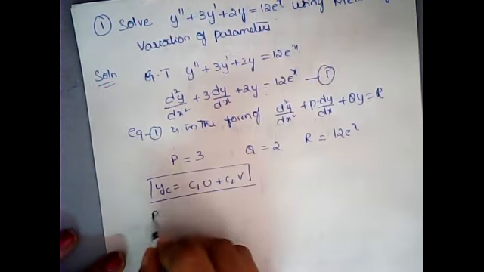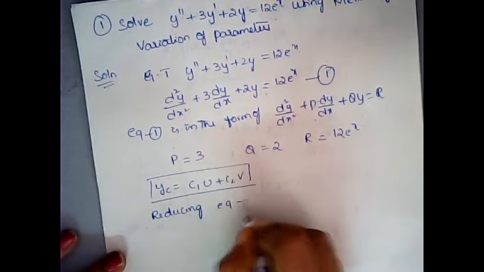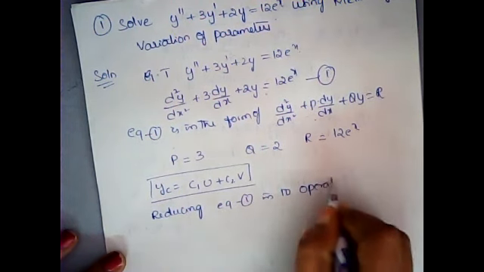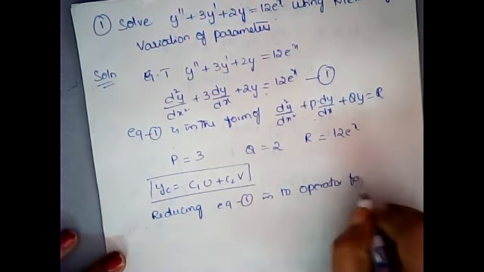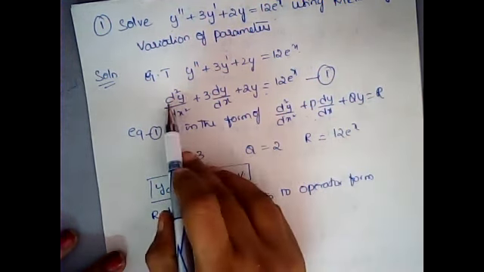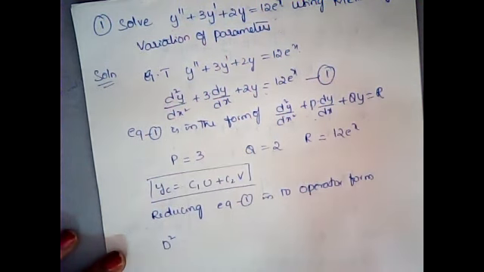Now, reducing equation 1 into operator form. Operator form means nothing but in the form of capital D. So in the place of d square by dx square, you will write capital D square, so D square y.